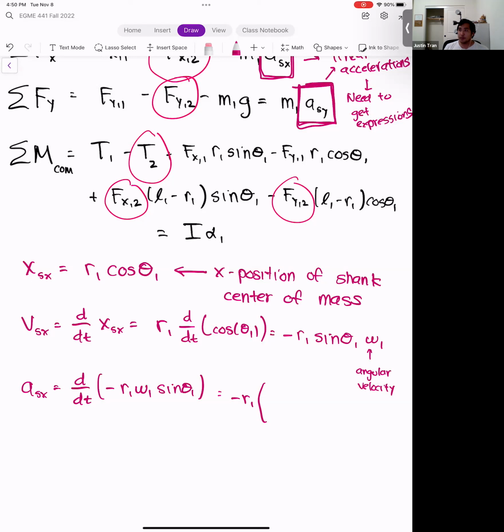We have the product of two things that vary with time, omega 1 and theta 1, so we have to invoke the product rule: derivative of the first times the second, plus derivative of the second times the first. In this case, the derivative of omega 1 is just going to be alpha 1.